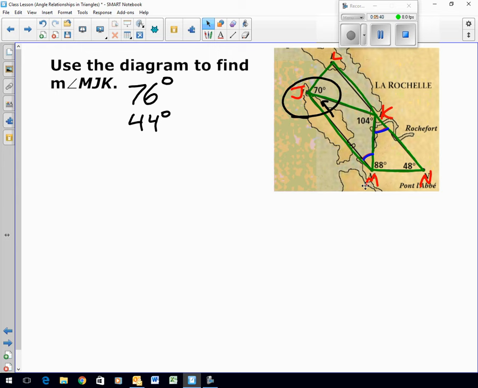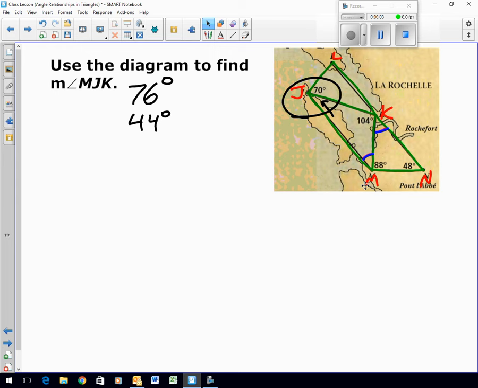In triangle MNK, angle K is congruent to angle M in triangle MJK. So I have two different triangles with congruent angles. What does that symbol mean? These are going to be the same measurement.